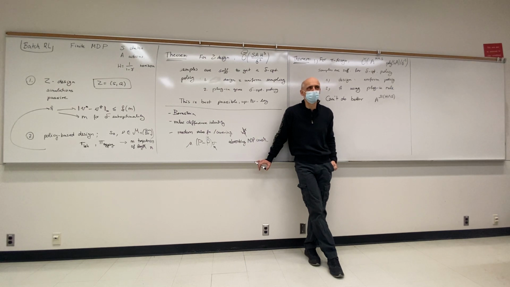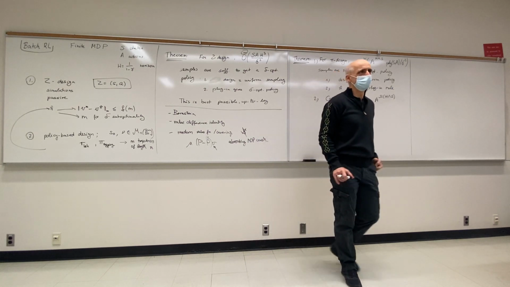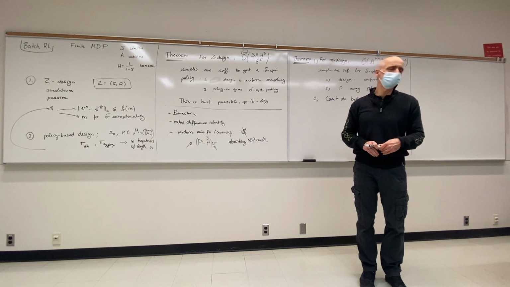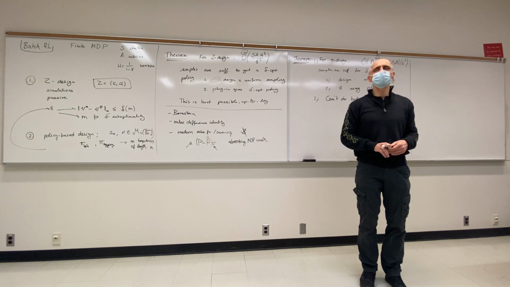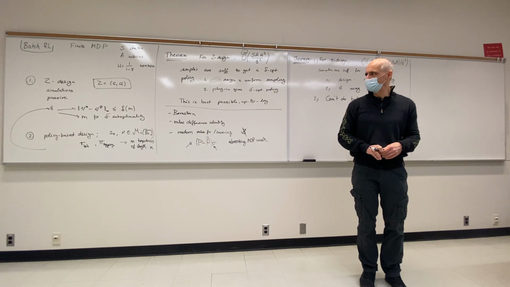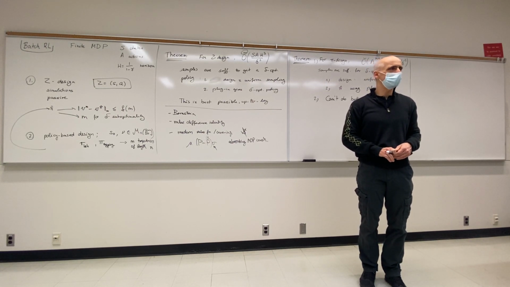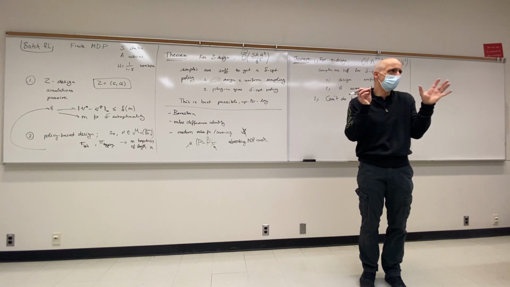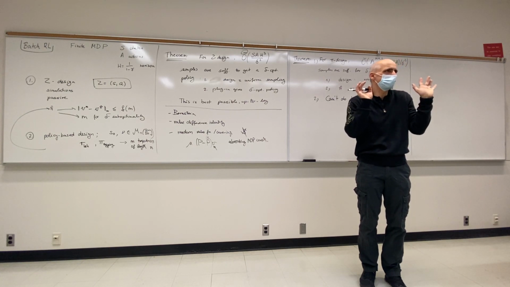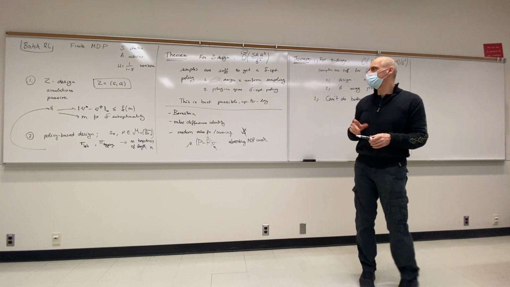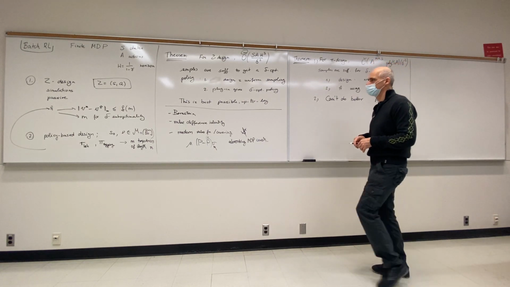Yeah? In the policy-based design, are we constrained to sample trajectories of a certain length? No. You're not allowed to adapt the lengths of the trajectories, but it has to be passively chosen ahead of time, but you can choose it in some fixed way. The bound shouldn't depend on that length? No, it's the total number of samples, so it's like n times n.